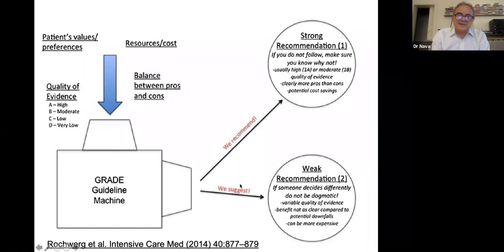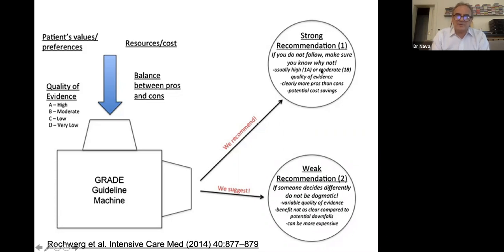We recommend or we suggest. Well, they have very different meanings. When we state in the guidelines that we recommend, this means a strong recommendation. You can choose not to follow this recommendation. However, be sure that you know why not.